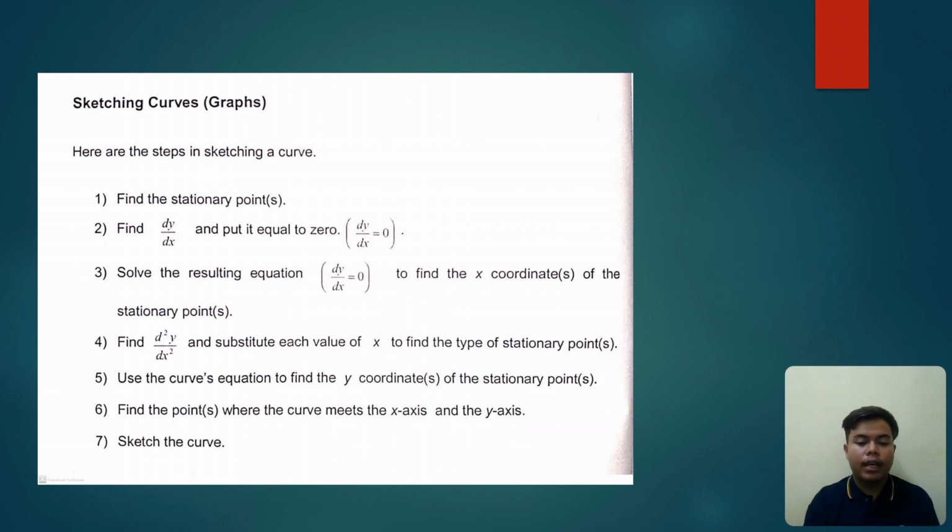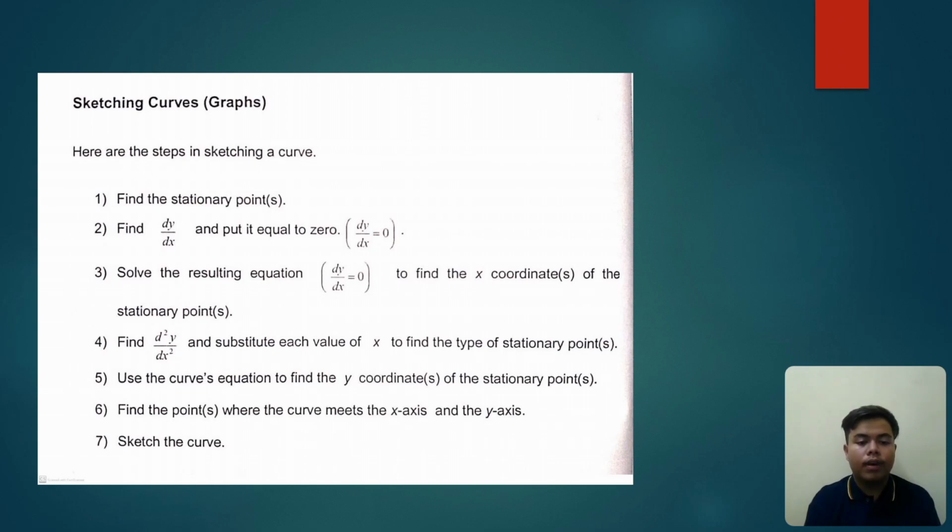For this slide, I'll be telling you how to sketch the curve graph. Here are the steps in sketching the curve. First, find the stationary points. Second, find dy/dx and put it equal to 0. Third, solve the resulting equation to find the x coordinates of the stationary points.